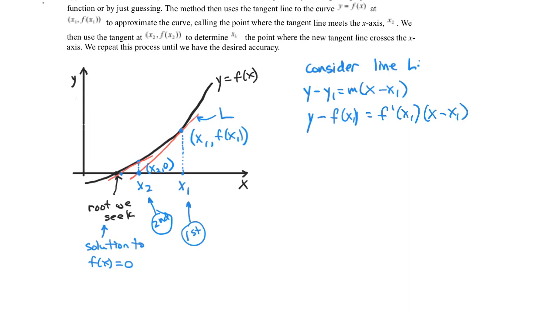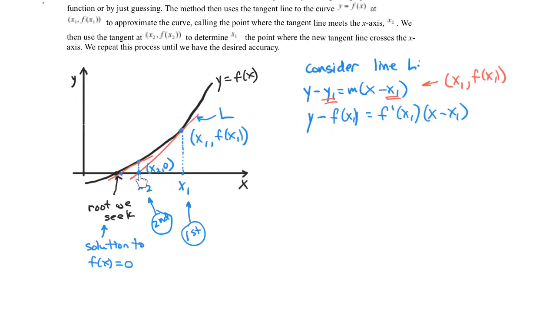Because remember, we are plugging in x1, f of x1 into here for x1, y1. So that's why x1 is still x1. It's still the same. Now we're going to use the fact that this point is also on this line.